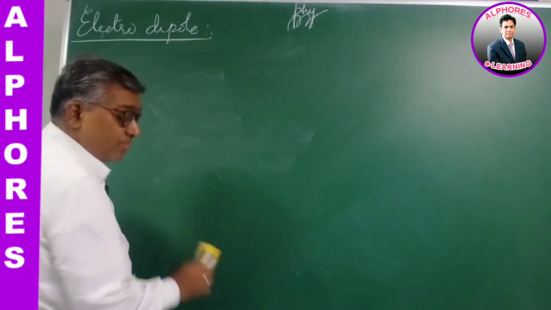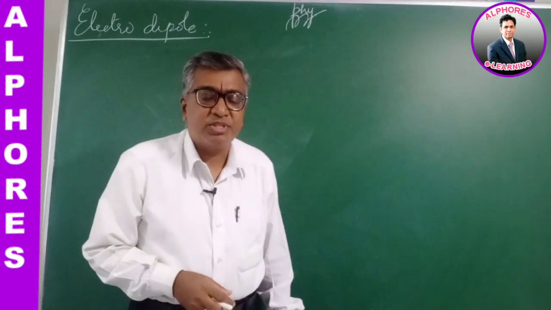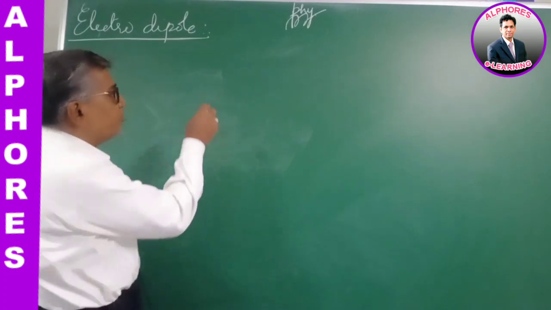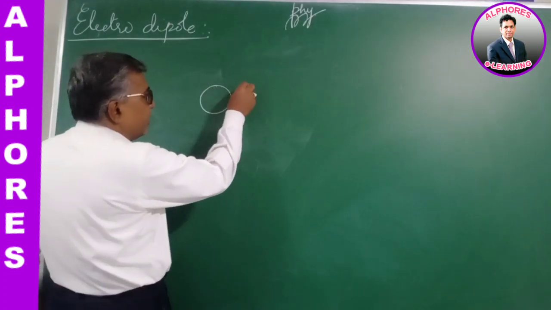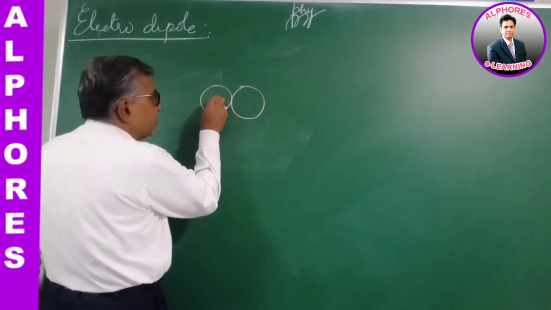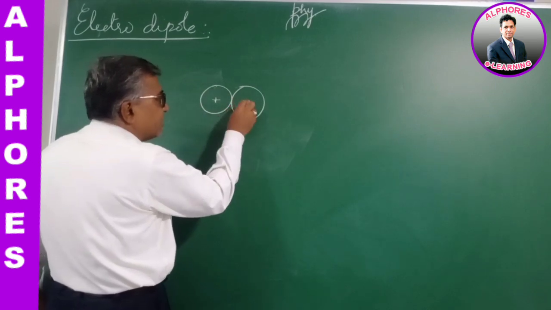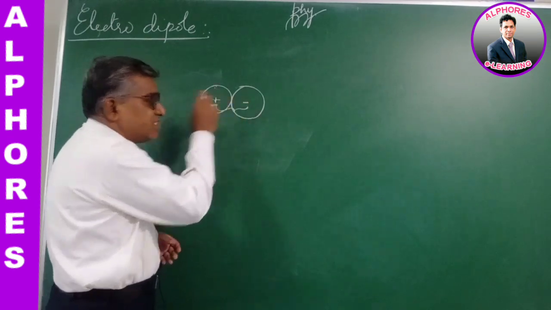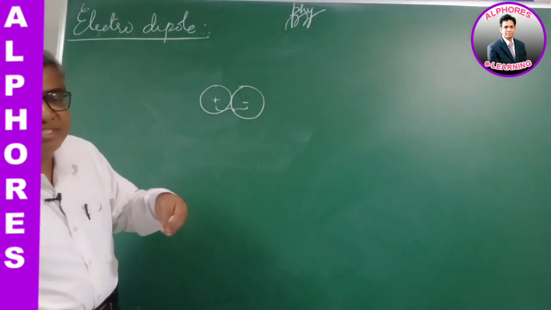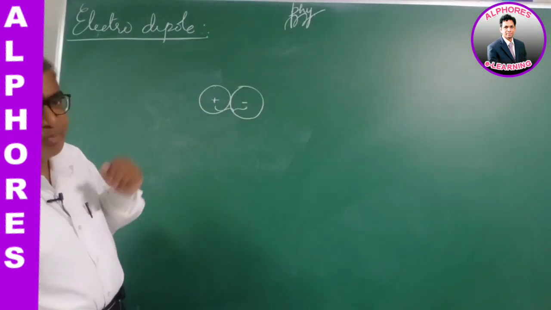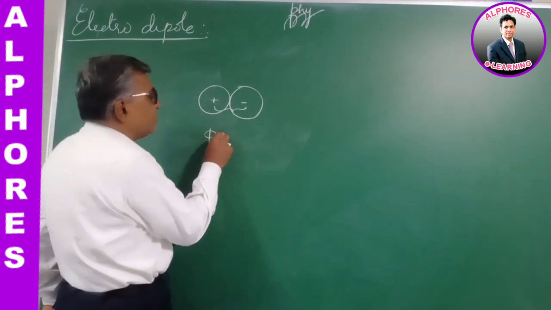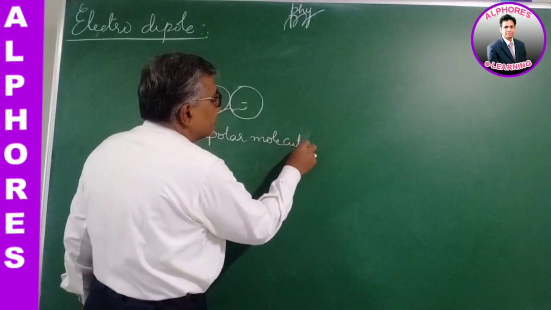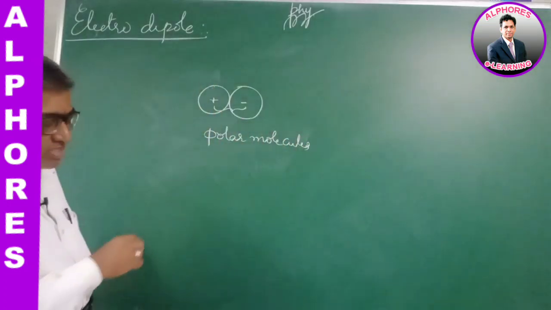But there are some molecules which, in the absence of the electric field itself, possess dipole moment. The center of the positive charge of the molecule and the center of the negative charge are separated by a small distance. They originally possess dipole moment. Such molecules are termed polar molecules.